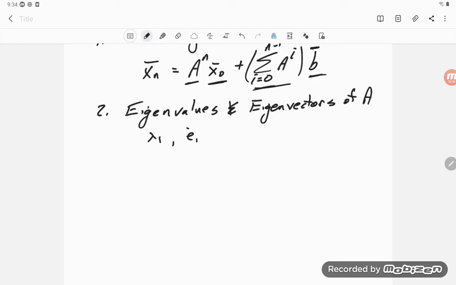So we'll call it e1, and we'll get a lambda 2 and an e2 if this is a two-dimensional system, which we'll stick with.